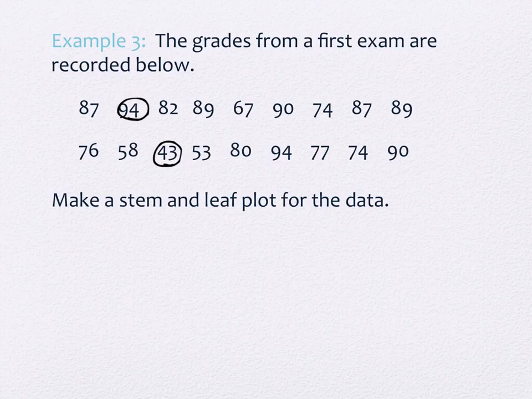The stems are the tens places. So the smallest tens place is the number 40, right? And the biggest tens place is the number 90. So we're going to draw a vertical line to separate the stems from the leaves. And we're going to draw the tens places, those are our stems. So 4, 5, 6, 7, 8, and 9.